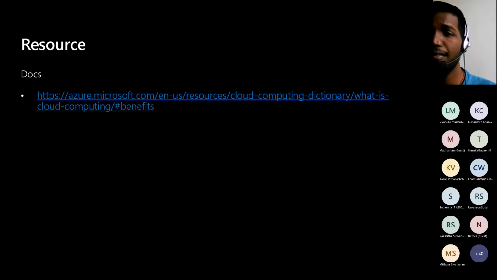I will share this slide deck with our WhatsApp group, so you can access it later, and the link as well. You can refer to this document to get more idea about the cloud. So what we have discussed up to now, we are going to use in the demo.